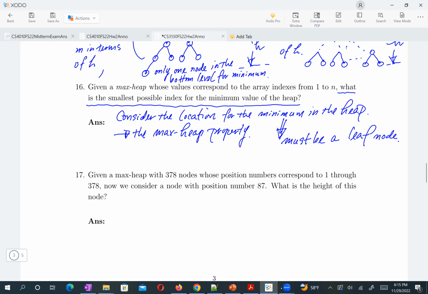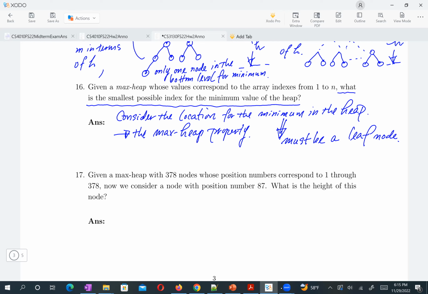That's the conclusion. Because if it's not a leaf node, it must have a child node. Right child, we don't know, but we know it must have a left child node.